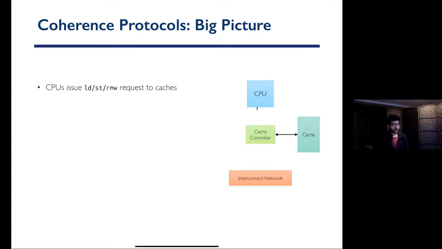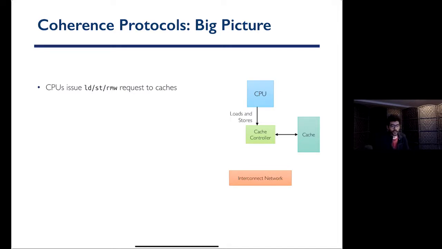So let's look at it. Let's say that your CPU issues a load or a store or one of those load-modify-store operations. So any operation that has to go to memory. So your CPU issues that. That's going to be delivered to your cache controller.